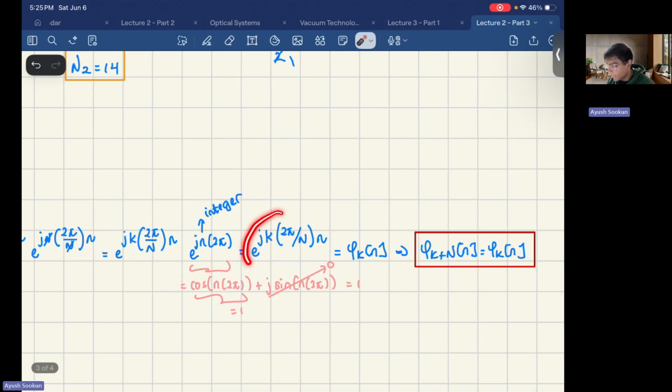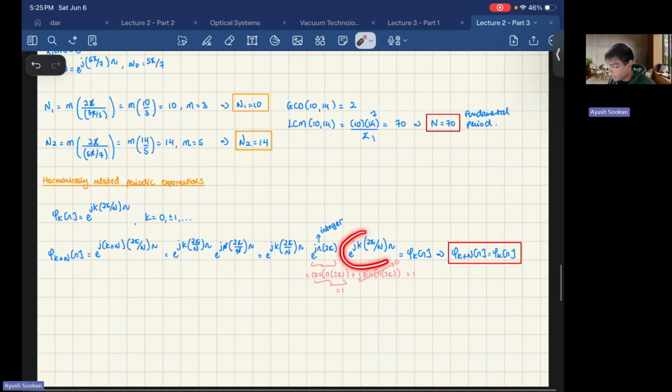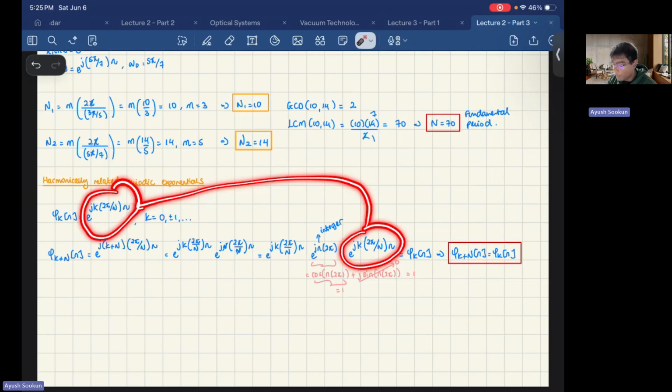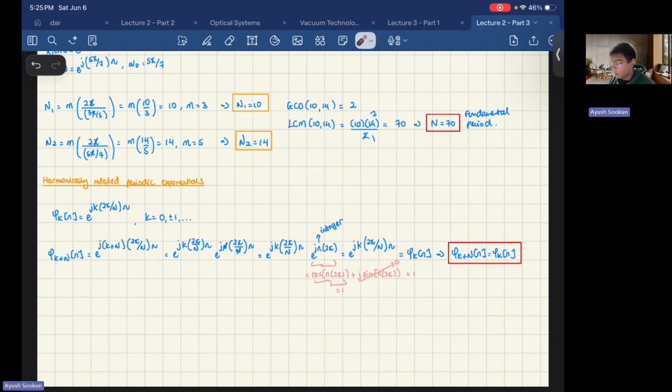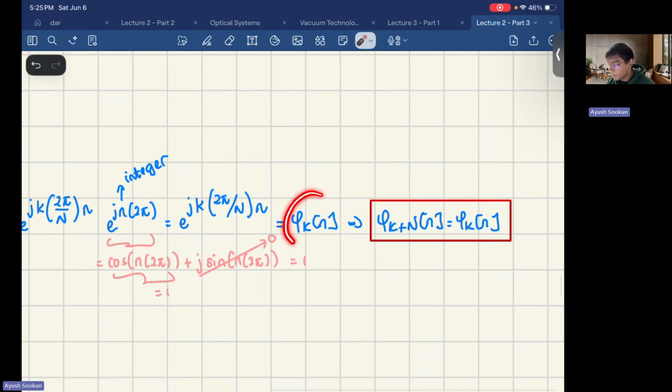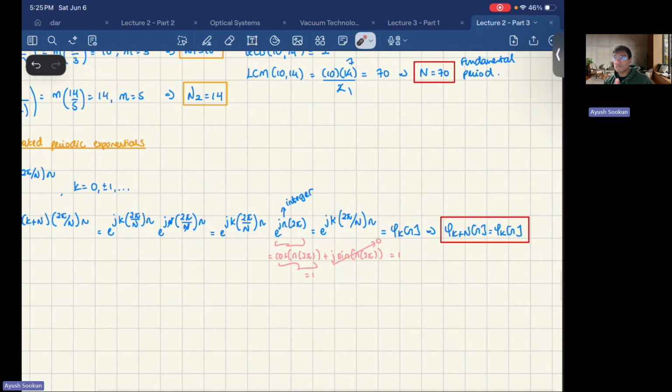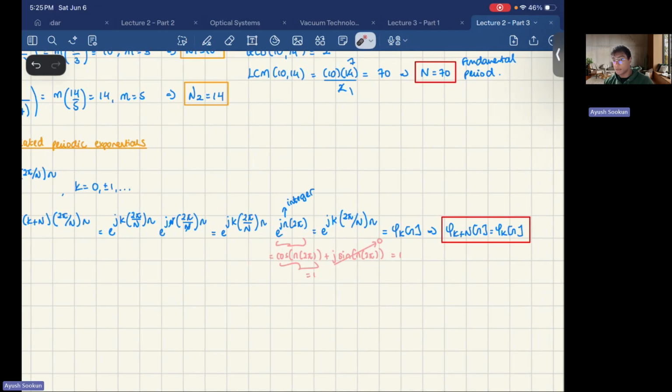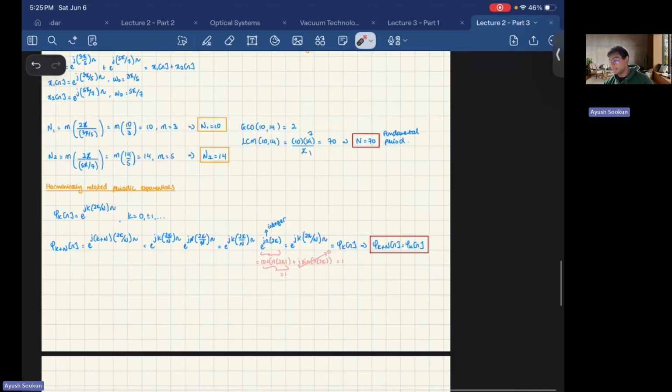And if you go back to what this part is, it's equal to the same thing I started with. So the moral of the story here: if you take the kth harmonic of your signal and shift it by the period, it's still equal to the kth harmonic signal itself. That's the takeaway here.